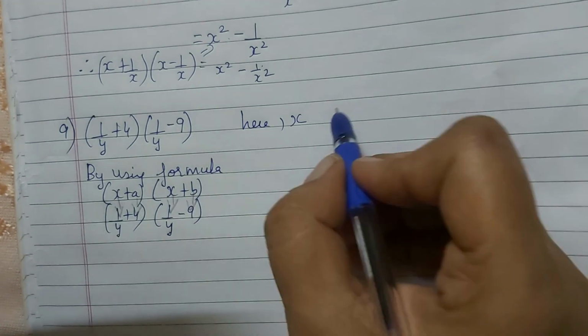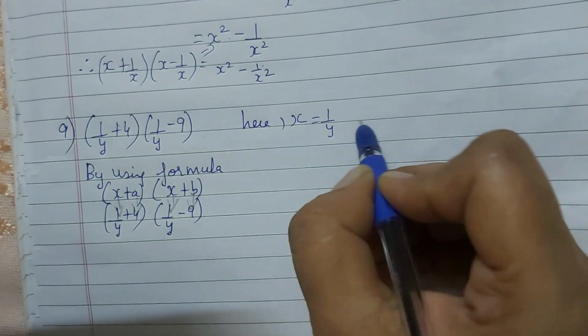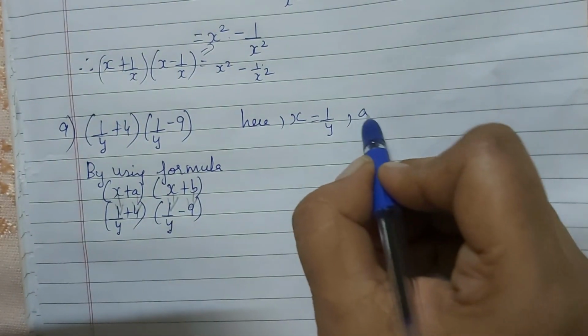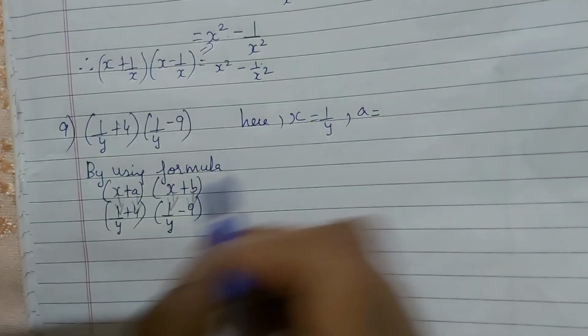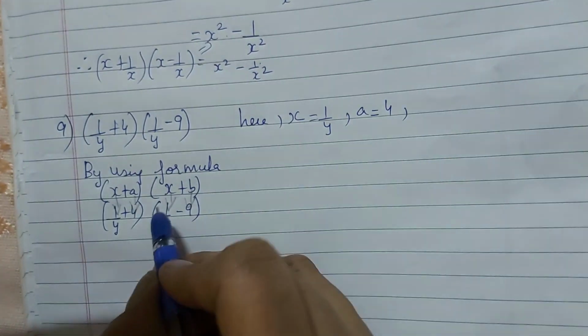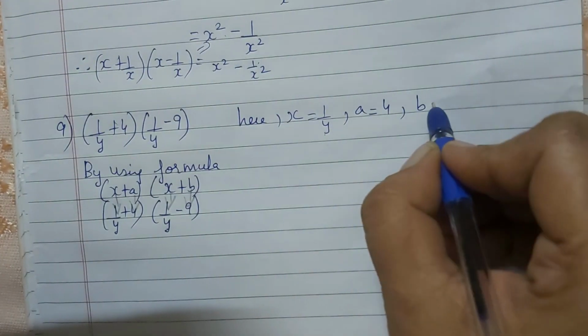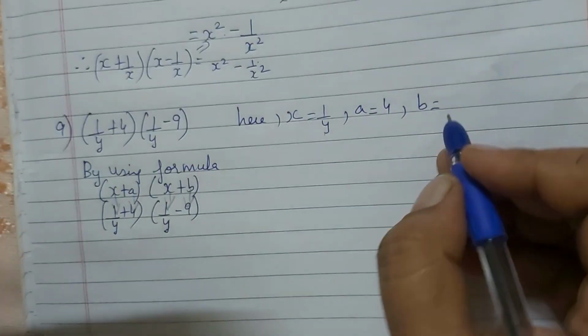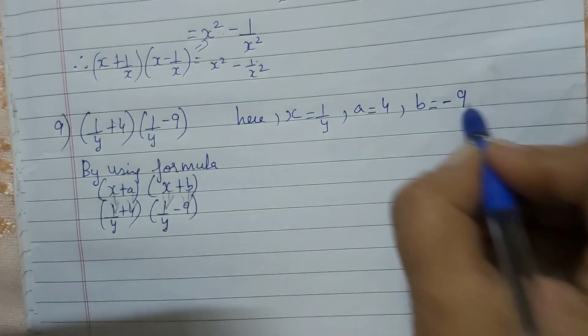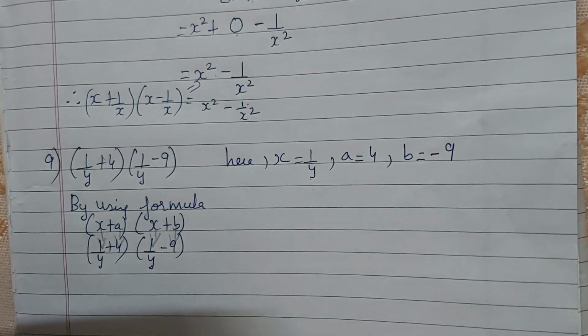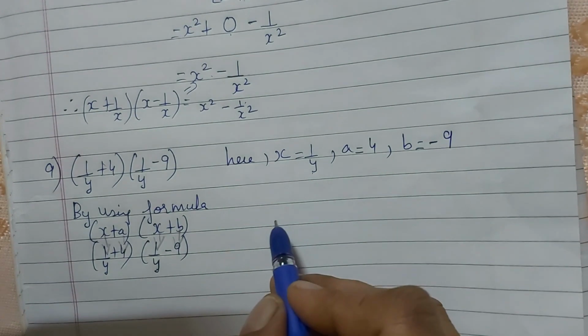So we will write here, x value is 1 upon y, comma, a's value is 4, comma, x value is 1 upon y. Okay, b's value is what? B's value is equal to minus 9. So first we will write the formula.